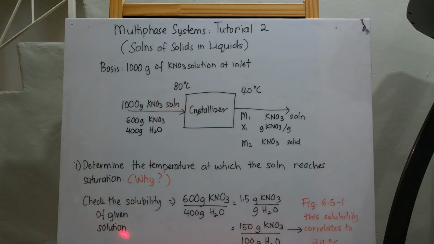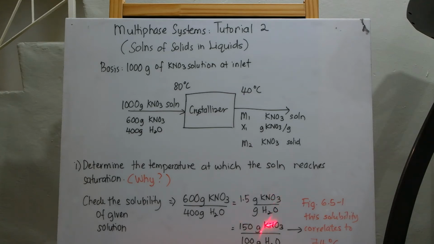So let's check the solubility because we have the mass fraction. So we know solubility is solute divided by liquid. So 600 gram potassium nitrate divided by 400 gram of water. So we have 1.5 gram of the solid per gram of water.